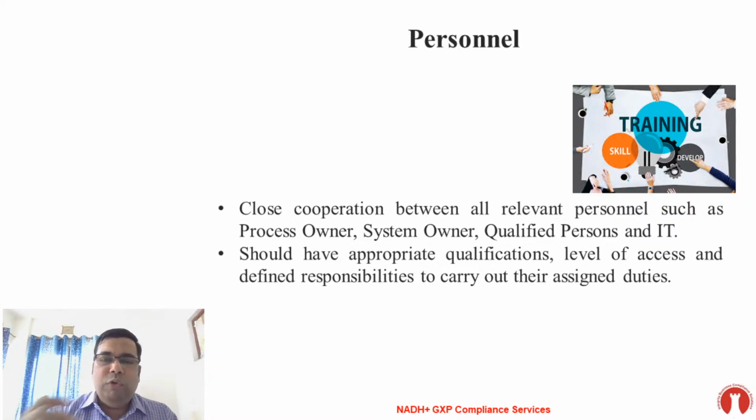Then everybody looks at each other. Who is the system owner? So when you develop or start working on a computerized system, please ensure you identify who is the process owner and who is the system owner.